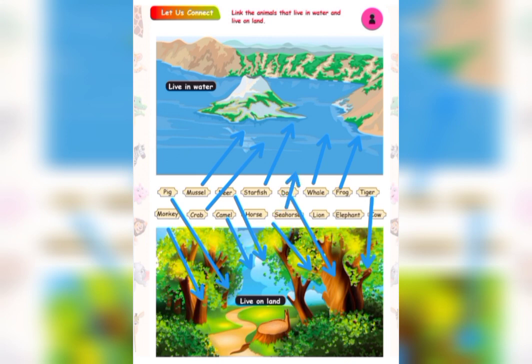Yes, seahorse lives in water. And lion, elephant, cow, these three also live on land. So likewise you have to do it, children. First you have to read all these animal names carefully and think whether it lives in water or land and do it correctly like this.